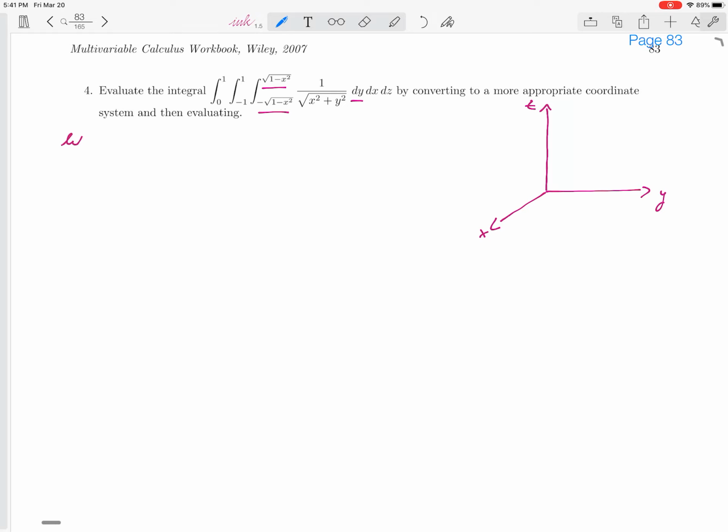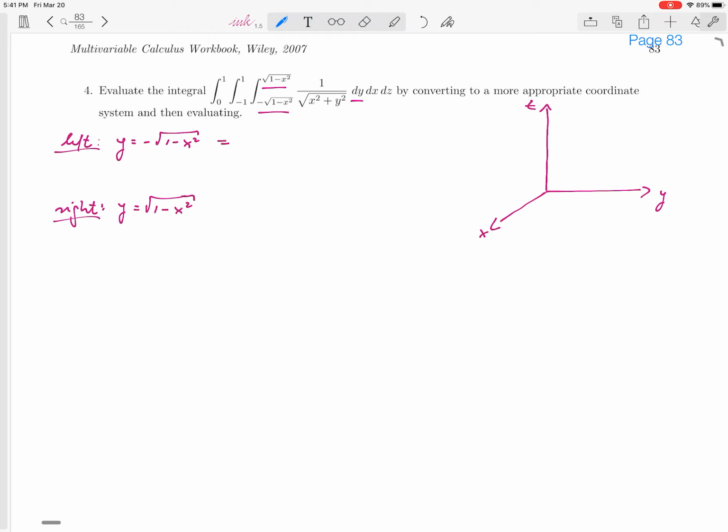So for the left surface, we use a lower limit. So we have y is equal to minus the square root of 1 minus x squared. And on the right, we are using the upper limit. We have y is equal to the square root of 1 minus x squared.